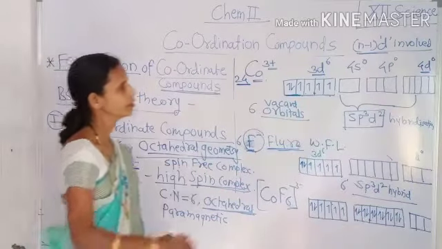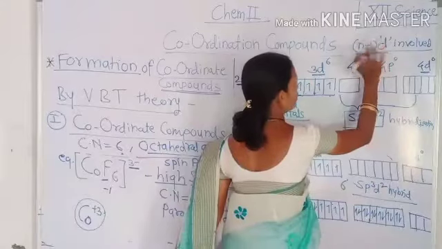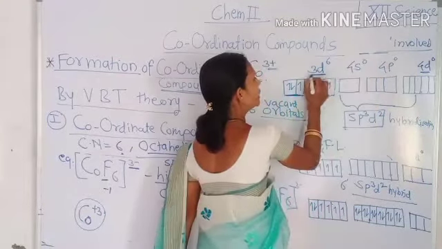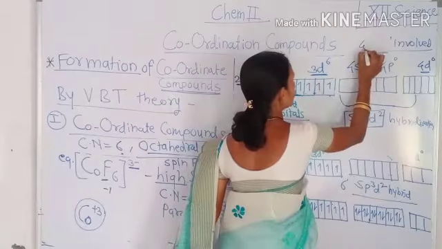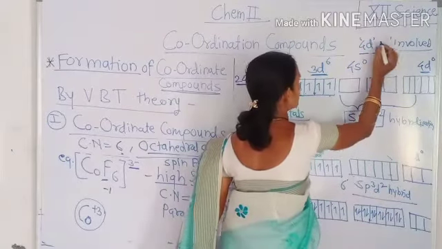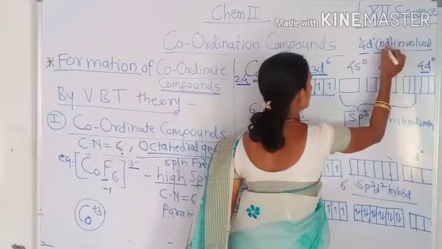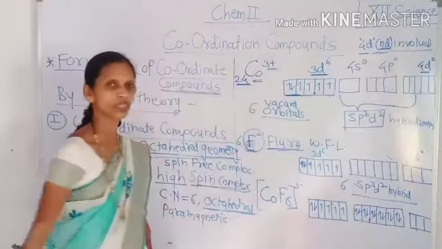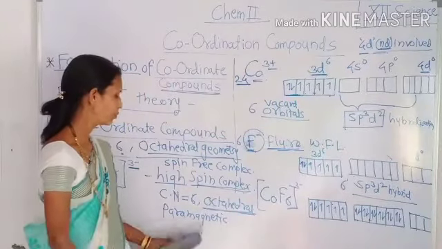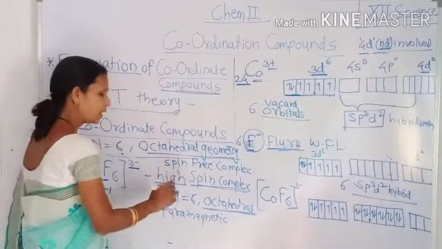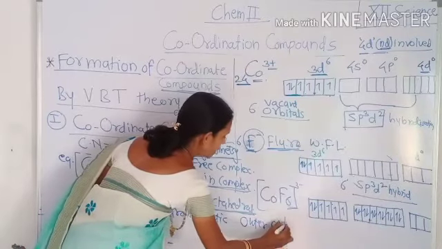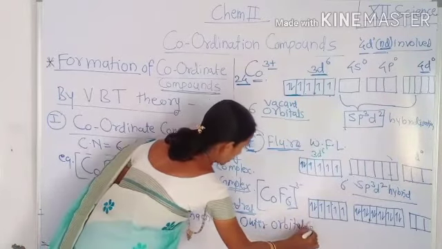And here the nd orbital, not n-1 d, is involved. That means instead of the 3d orbital, the 4d orbital is involved in the hybridization of Co3+. Therefore this complex is an outer orbital complex.